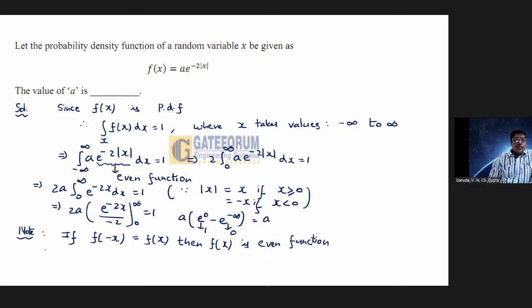Similarly, integral minus a to a of f of x dx is equal to 2 times integral 0 to a of f of x dx, if f of x is an even function. These definitions are used in this problem.